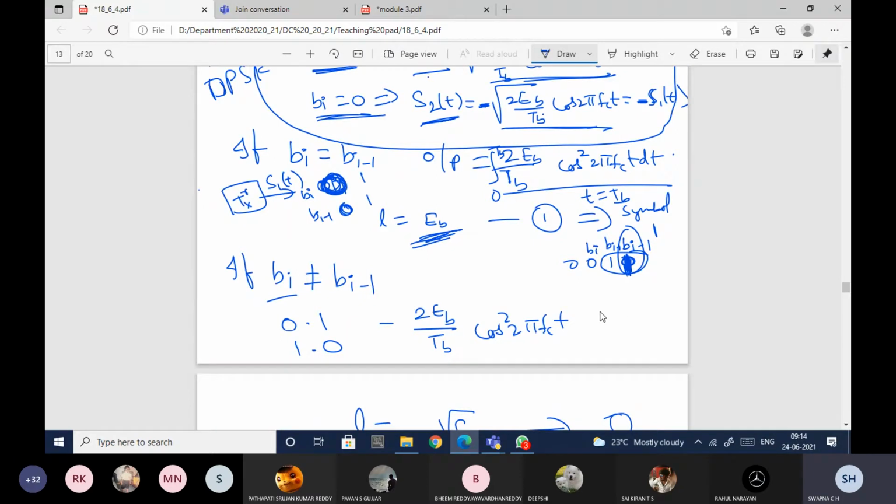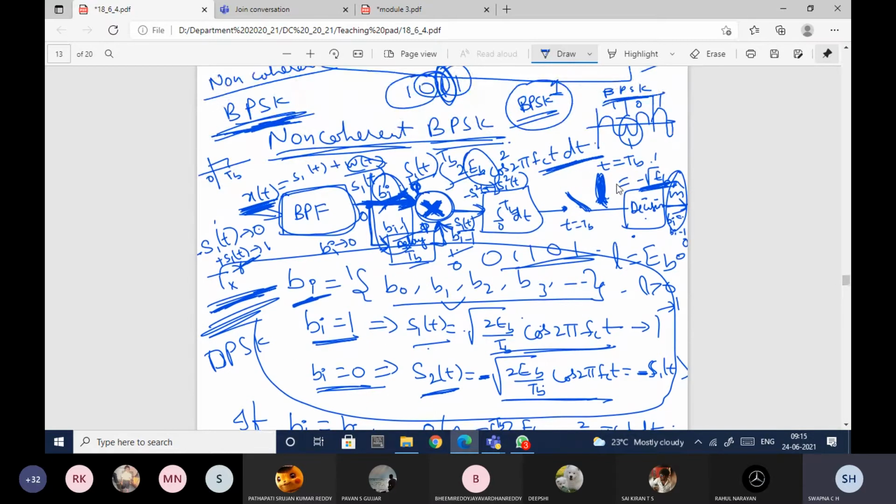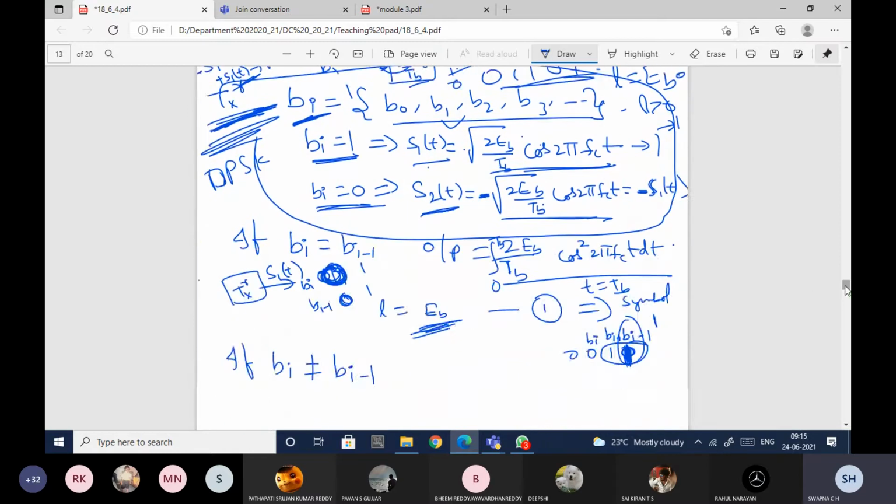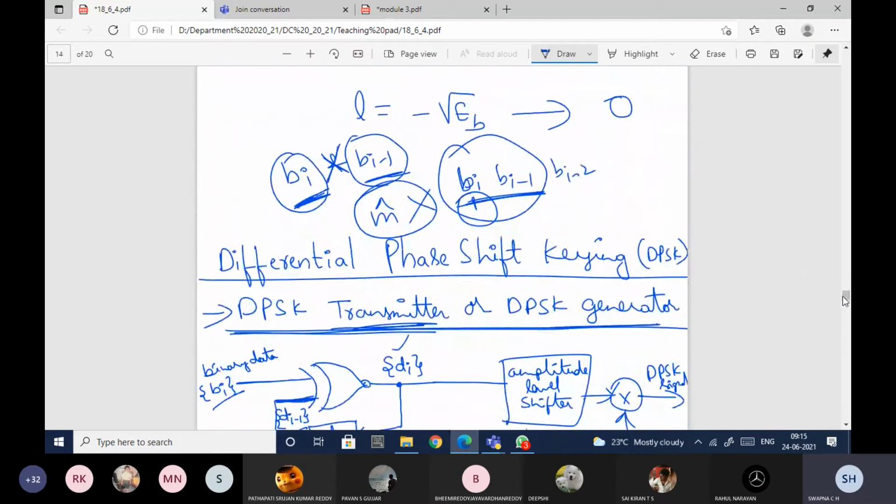So in order to avoid this problem of propagating the error signal, we will not go with non-coherent BPSK. Even though I have drawn and shown you that it works, we will never ever go with non-coherent BPSK because of this disadvantage.